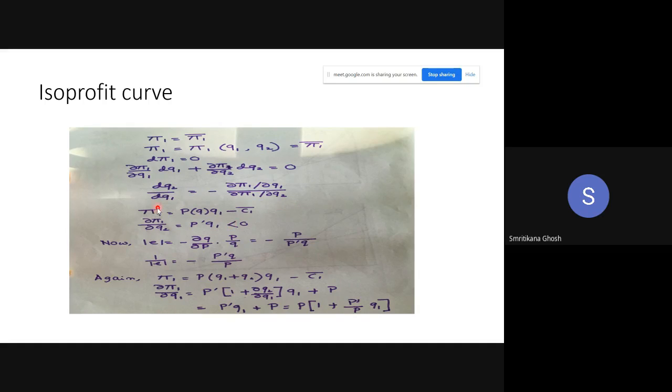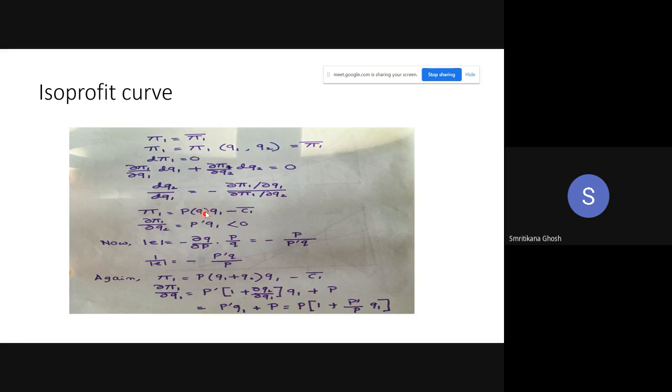Now you have to find out the value, otherwise you cannot draw. So for that again we are taking pi 1. Okay, so pi 1 is p function of q, q is q1. So pi 1 is p function of q into q1.